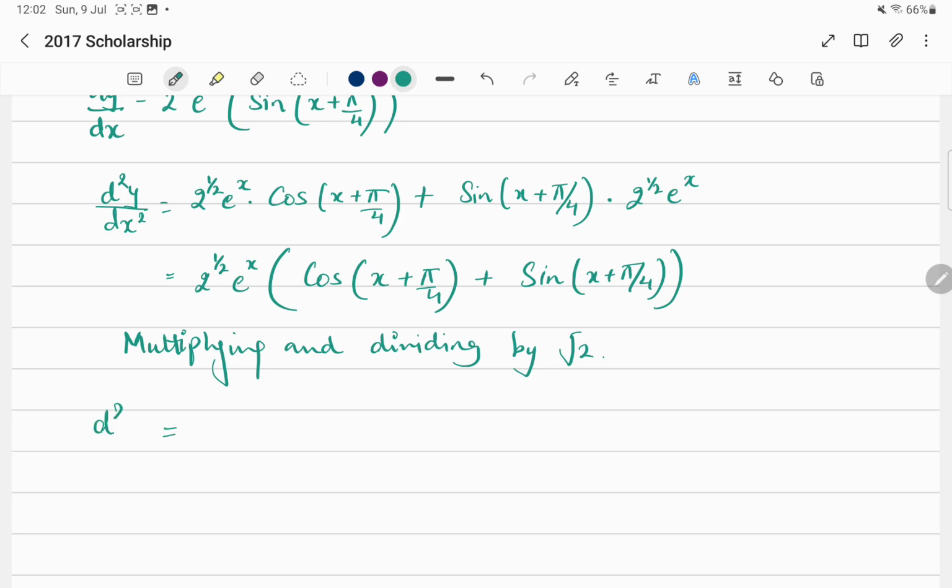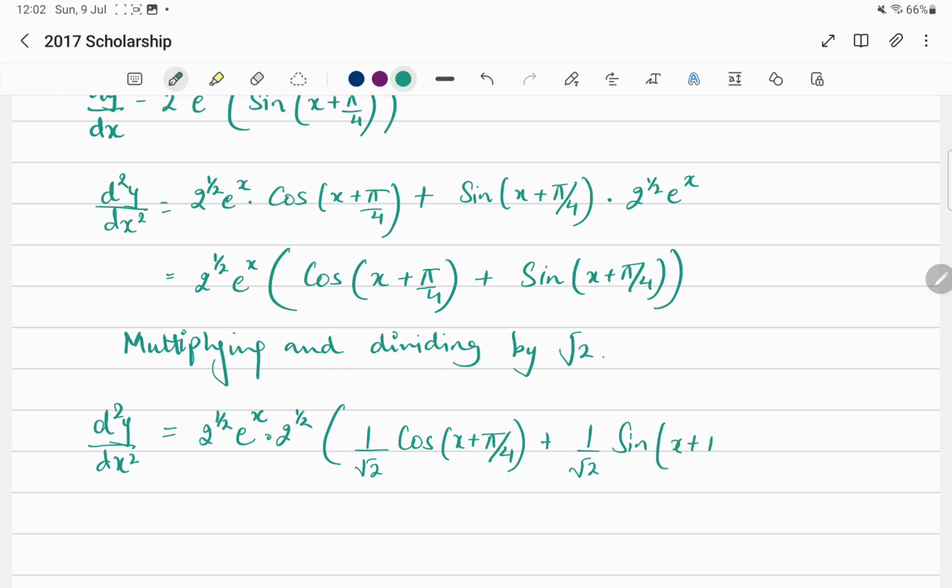It's going to give us d2y over dx squared as 2 root 2 e to the power x, multiplied by 1 over root 2 cos of x plus pi over 4 plus 1 over root 2 sine of x plus pi over 4.